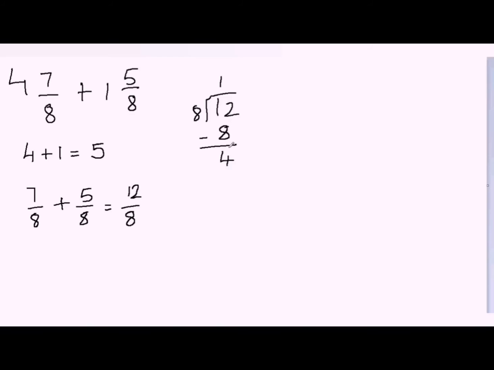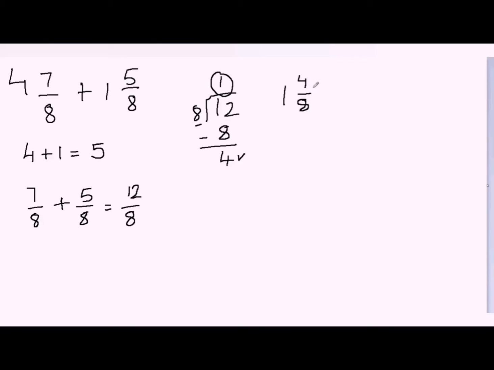So how do I write this as a mixed number? I write the quotient as the whole part, so I will write 1 first, the remainder goes on top, this will be my numerator, and the divisor becomes the denominator. So I have 1 4 over 8.